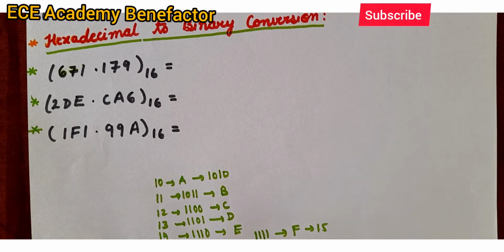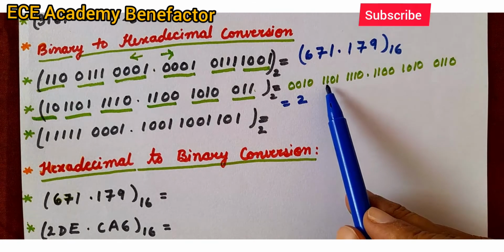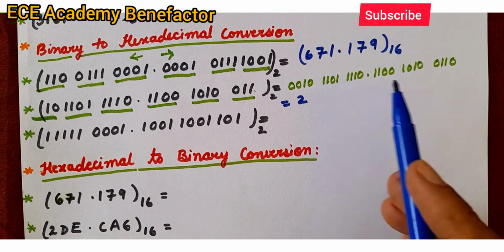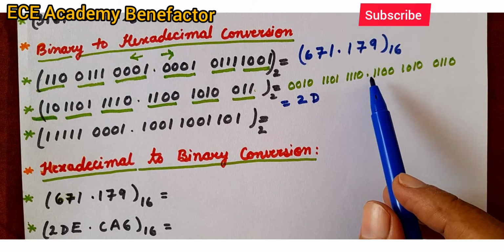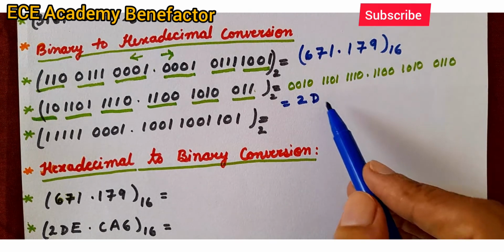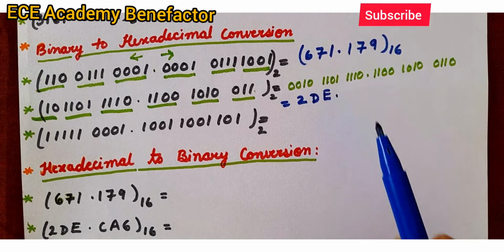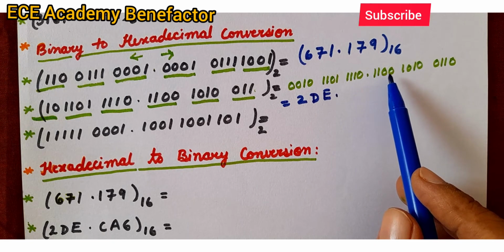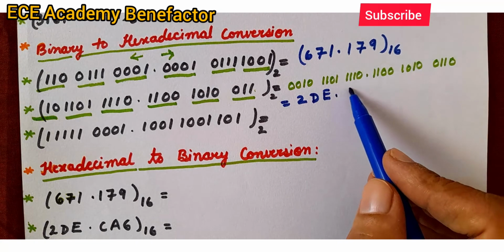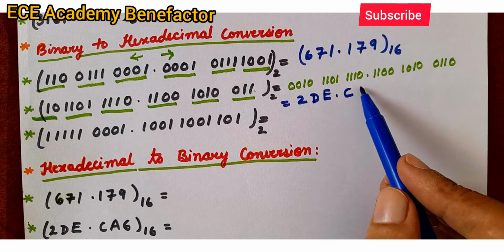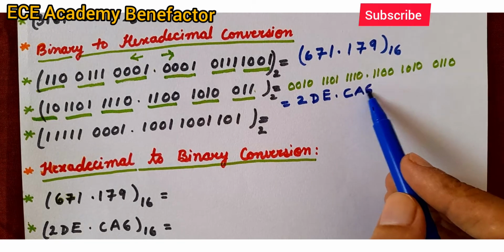Okay, now here we got 1101. 1101 is D. 1110 is E. Dot. 1100 is 12. 12 is C. 1010 is 10, that is A. 0110, that is 6.